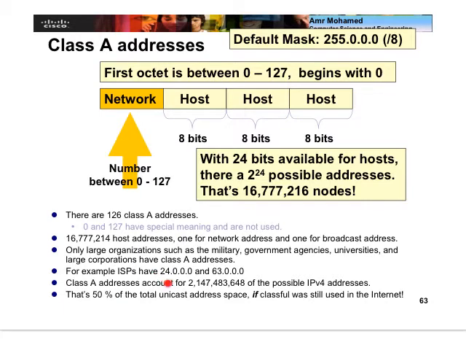So 24 dot something is Class A, 63 dot something is Class A, and so on. Class A addresses account for 2 billion. Where did this 2 billion come from? Where do you think this number came from?